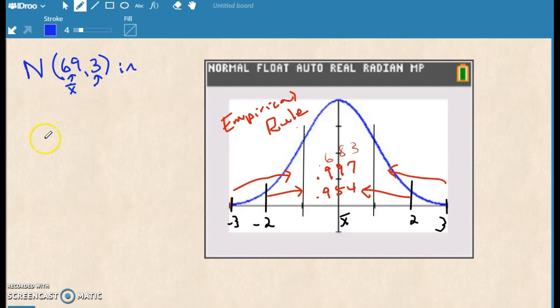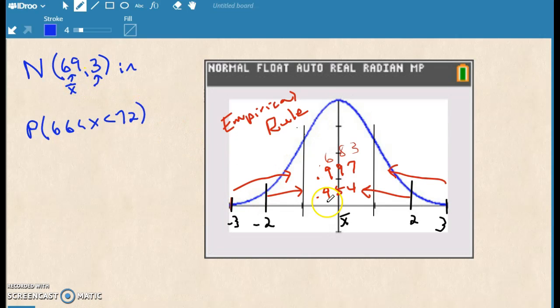Just for the sake of an example, if I said what's the probability of finding a male randomly between 66 inches and 72 inches, that would be 5'6" and 6 foot. Well, the beauty of that is this falls exactly 1 deviation below the mean, right?